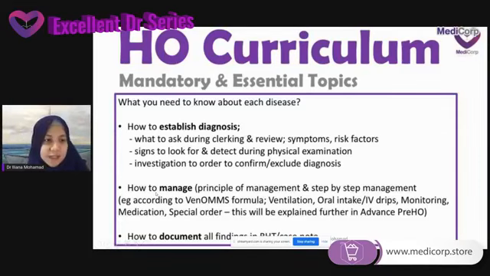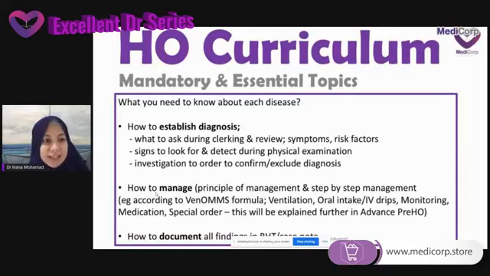In terms of management, I think there's a lot of confusion about this. What do we expect from a houseman about management? When you are a fresh houseman, coming to a new department, what we expect from you is first you need to understand the principles of management.